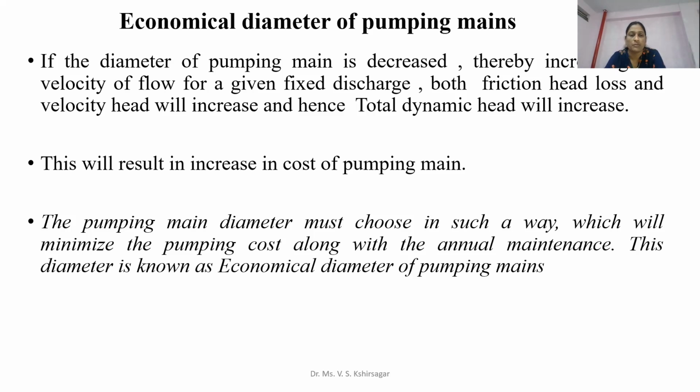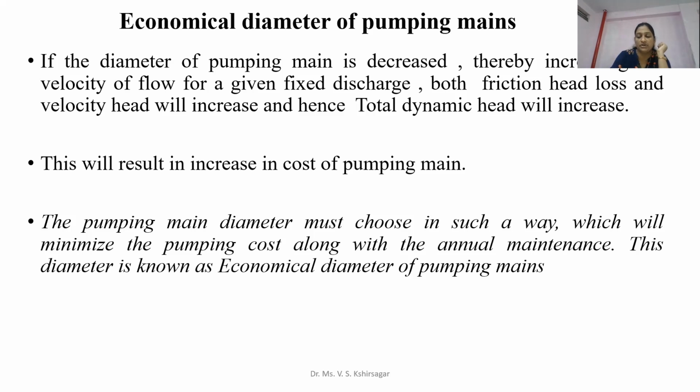The proper definition of economical diameter of pumping main is that the pumping main diameter must be chosen in such a way that it minimizes the pumping cost along with the annual maintenance. This diameter is known as the economical diameter of pumping main. I think yesterday you noted down the definition.